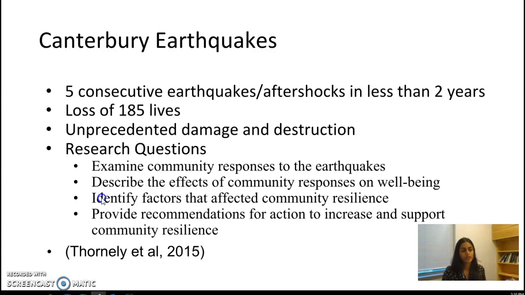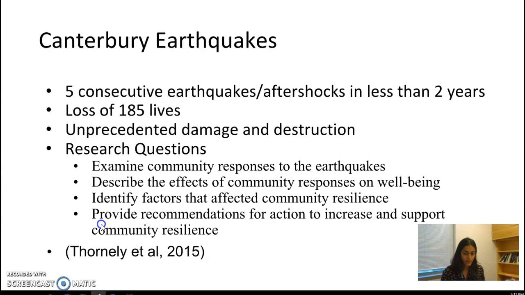And so the questions that Thornley et al. wanted to know were how community responses were to the earthquakes, describing the effects of community responses on well-being, identifying factors that affected community resilience, and providing recommendations for future actions to support resilience of a community.